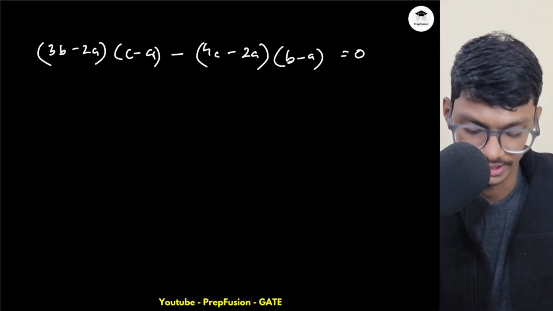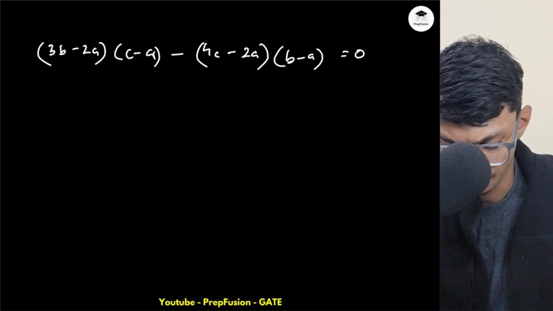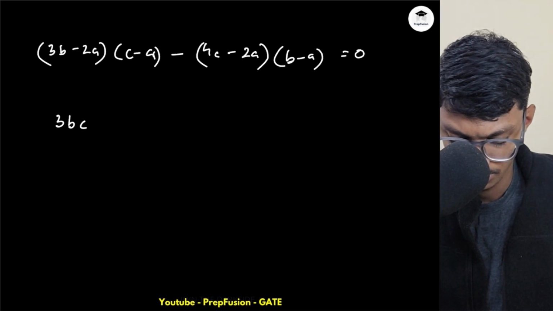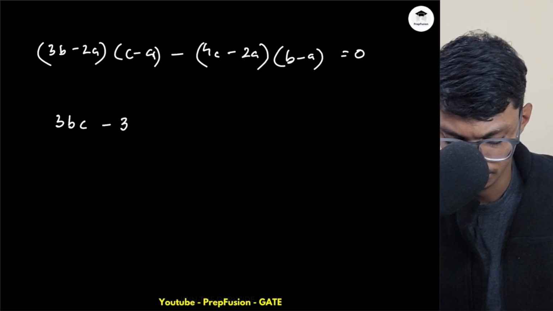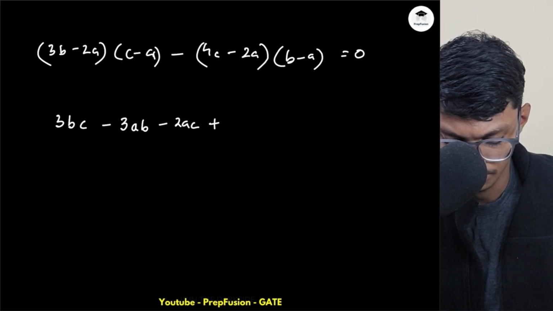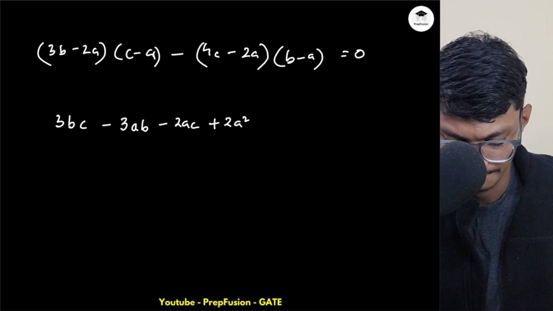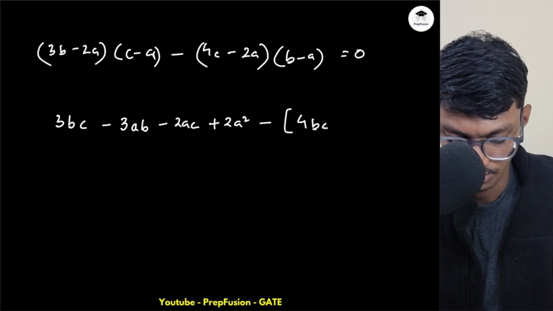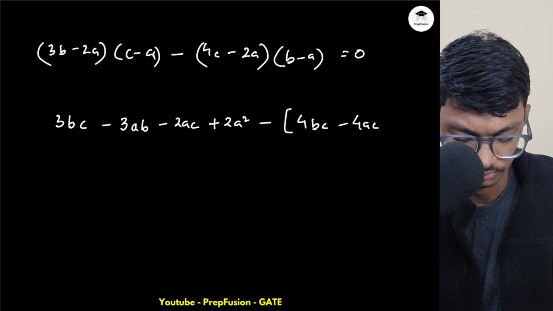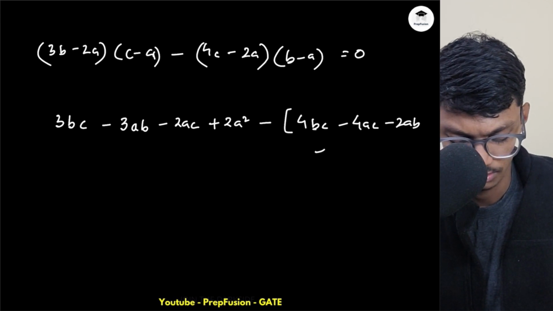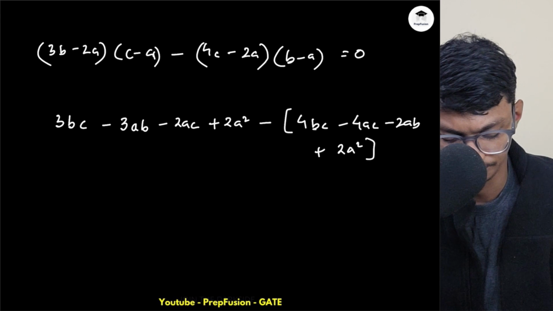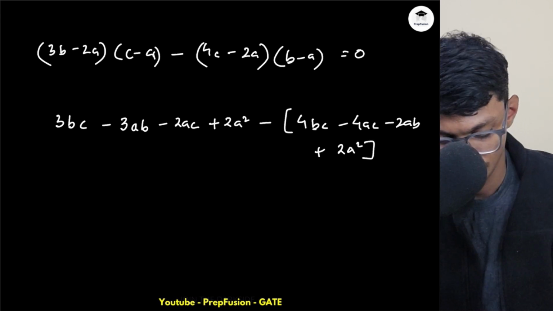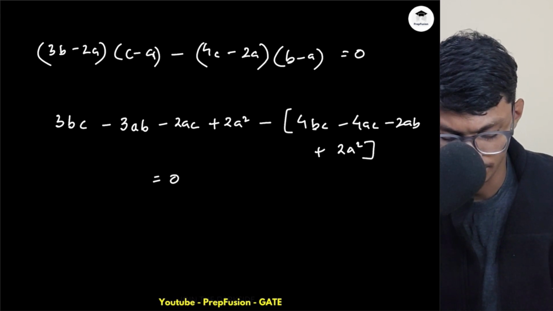So what I will do is expand the terms. This will be 3BC minus 3AB minus 2AC plus 2A square, minus 4BC, minus 4AC, minus 2AB plus 2A square. Overall this is equal to 0.